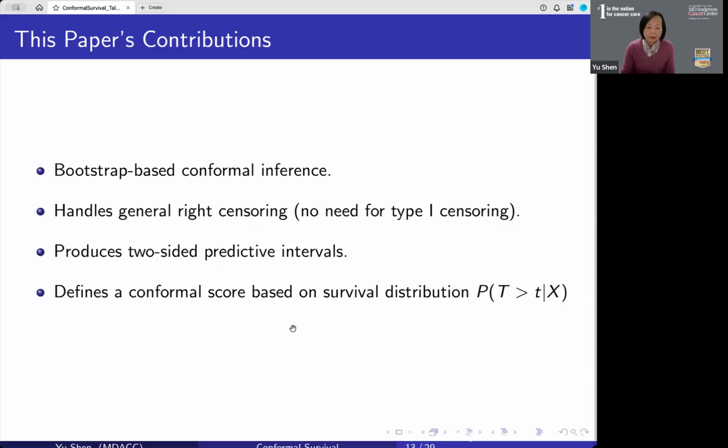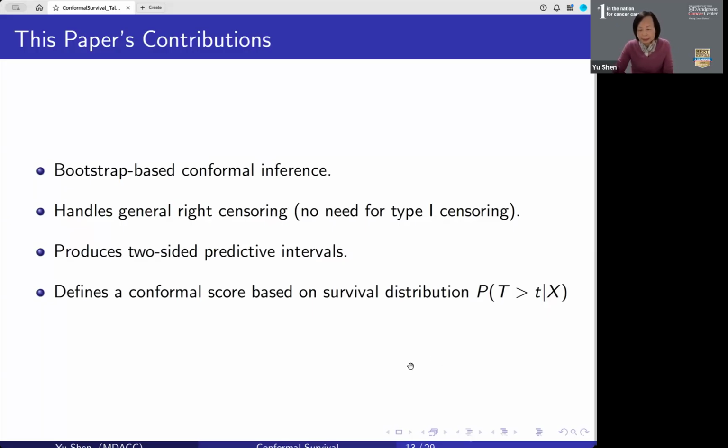For survival data, we use a conformal score based on the survival distribution. We will show later why this is a very robust and natural choice.